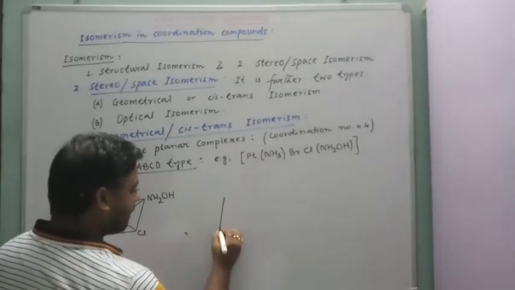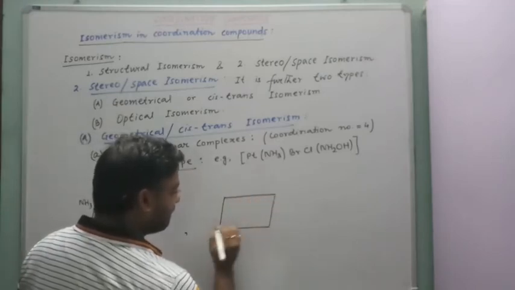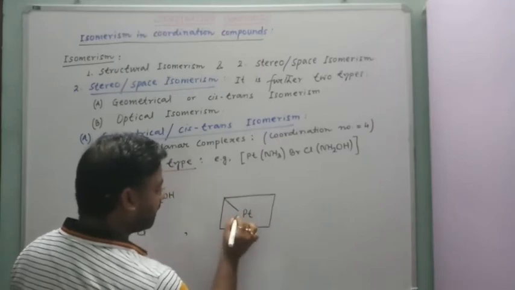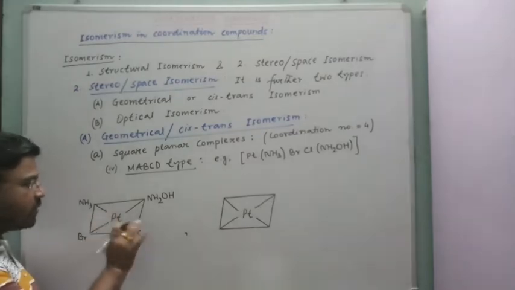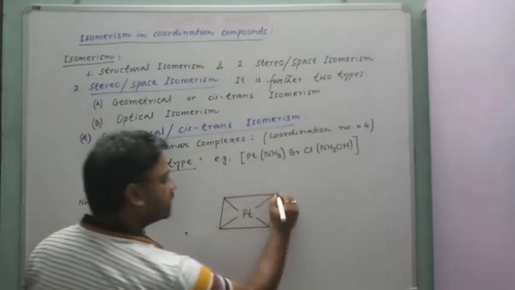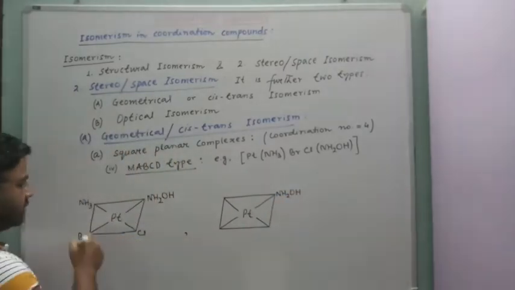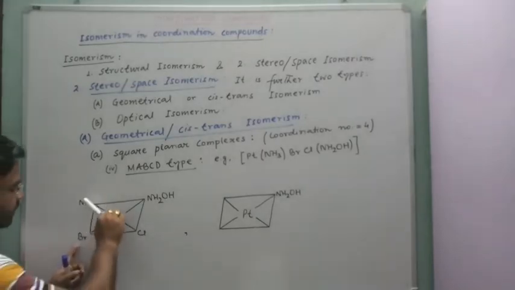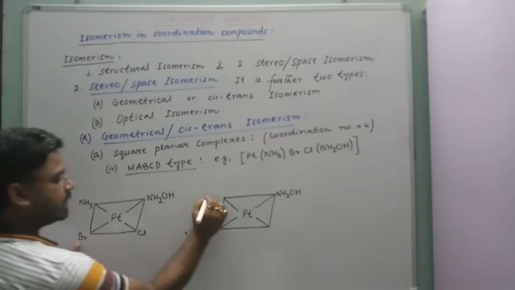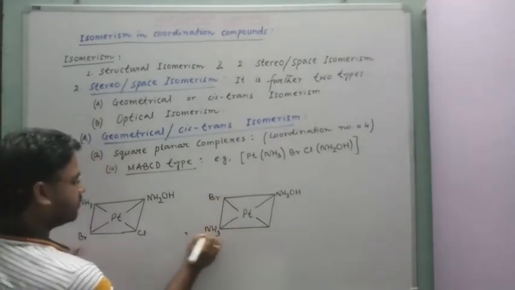Similarly, platinum. Now fix the position of any one ligand. So this position is fixed, NH2OH. So it is a fixed position. Now we can change the positions of these two ligands. तो NH3 के प्लेस में आ जाएगा ब्रोमीन और NH3 यहाँ पे. This is the same.